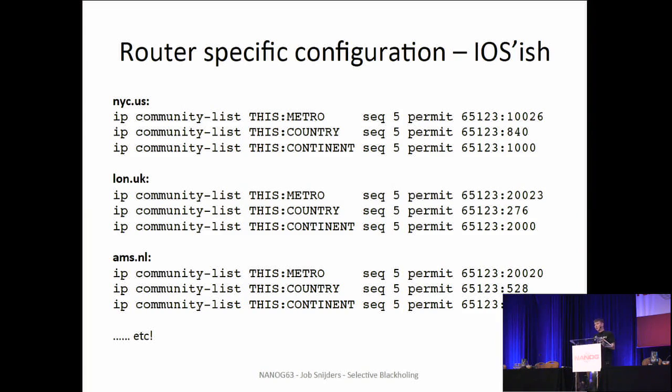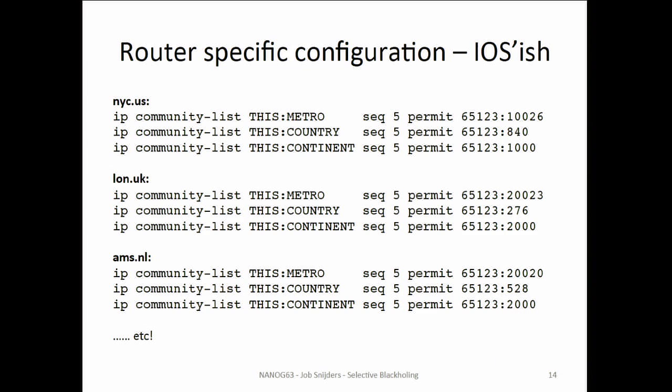On each router, you put these integers that you assign in your database in a referenceable community. So in this case, this is the router in New York. We defined that the United States is 840, and you can see the IP community list this country matches the 840, which is US.